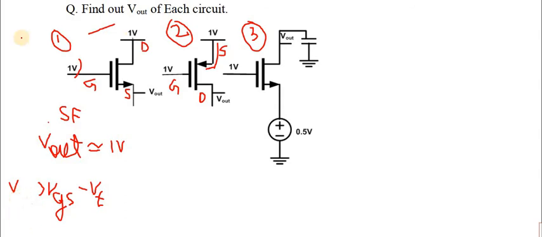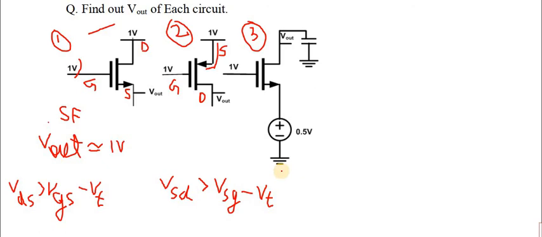Here also I will write it like this. Now if I come to the PMOS, VSD should be greater than VSG minus VT. This is the condition if I want to drive the PMOS in saturation.